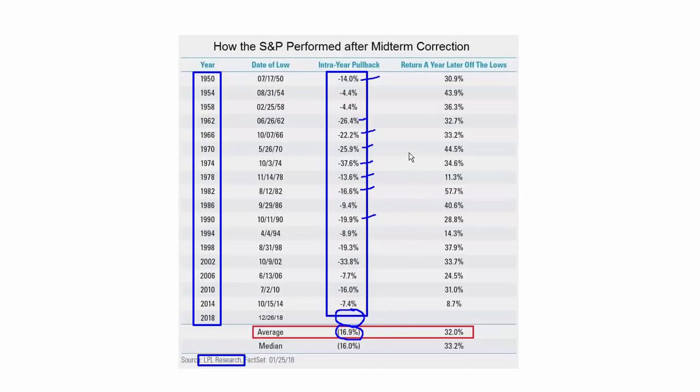Typically, the midterm year pullback is one of the weaker times during a four-year presidential cycle, and that's the year we are in right now.